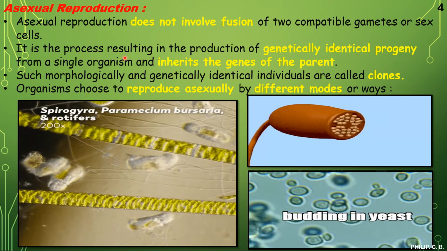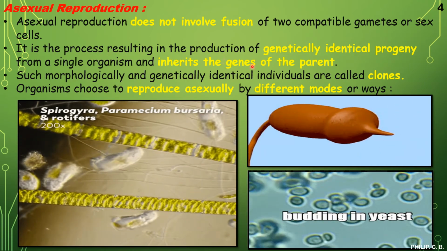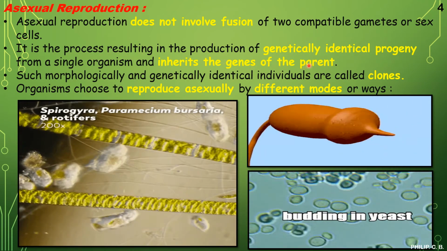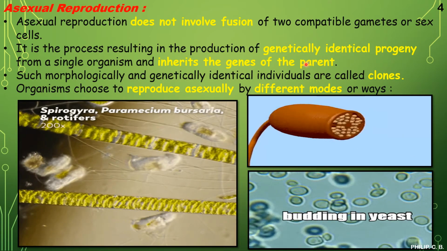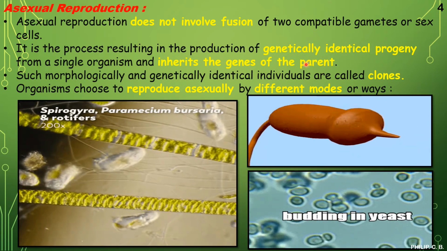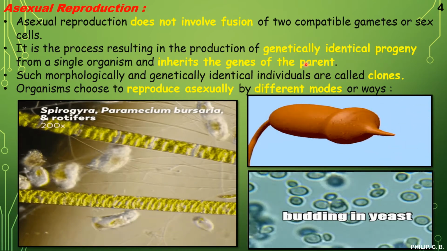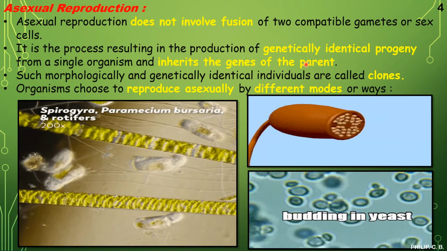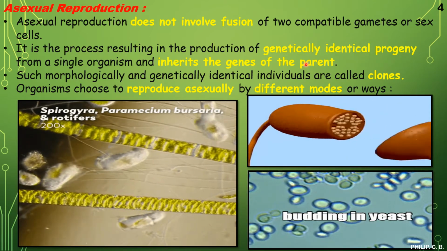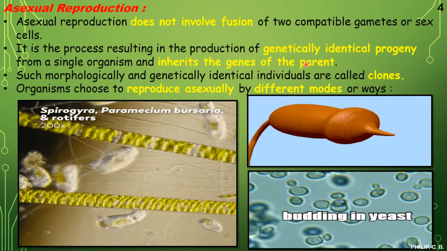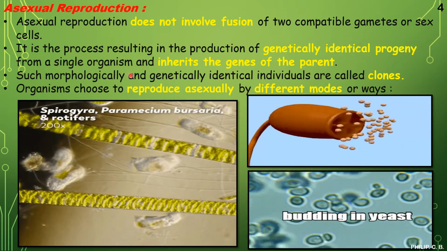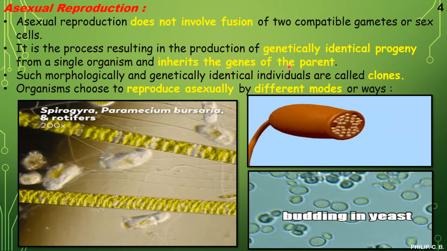So it is a process resulting in the production of genetically identical progeny. Now since the mother cell divides into daughter cells, the progeny or the offspring is identical, a duplicate of the mother, from a single organism and inherits the genes of the parent.